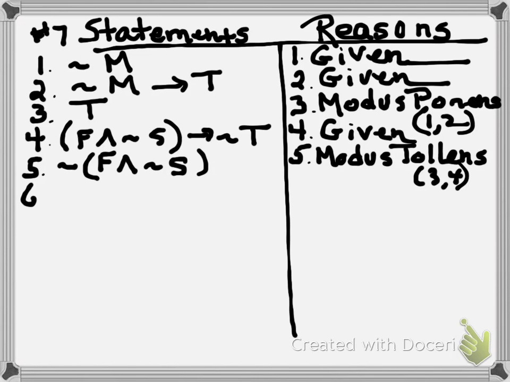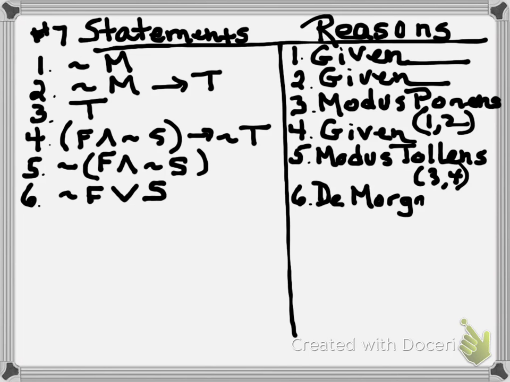To actually get rid of the parenthesis, that is to simplify the negation of a conjunction, that's De Morgan's. That's a separate reason. And we get not F, an and becomes an or, and not S becomes S. And that's by De Morgan's, on line 5 only.